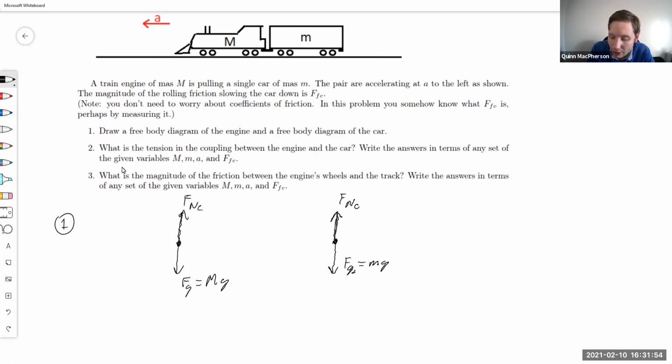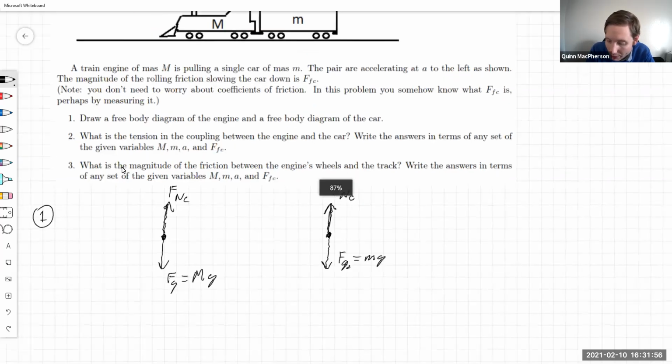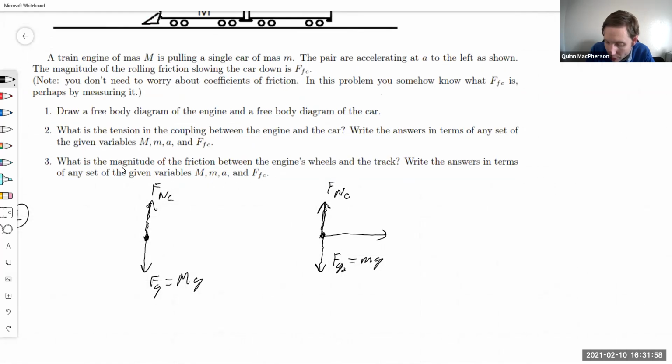Okie dokie. What else can I have? Well, we're told we have a force friction. Let me make it a little shorter than that. Force friction car that slows the car down. Well, what is going to pull the car forward? There will be force tension car pulling it forward.